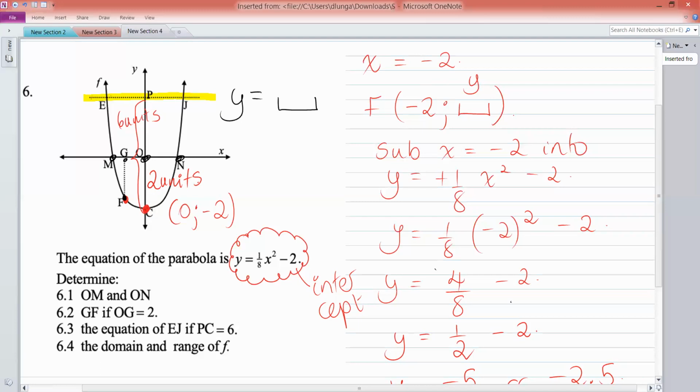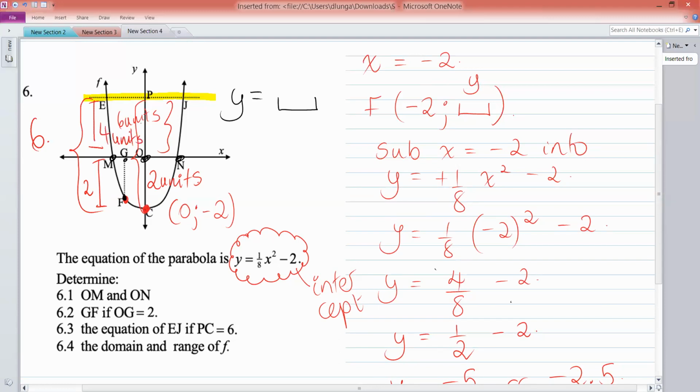Okay, so let me show you again. Remember the distance from P to C, the entire thing, I think it's 4. Yeah, it's 4, right? Because from O to C, that's 2. So if this bottom distance here is 2 units and the entire thing was 6, 6 minus 2 would give us the top part, which is 4 units.